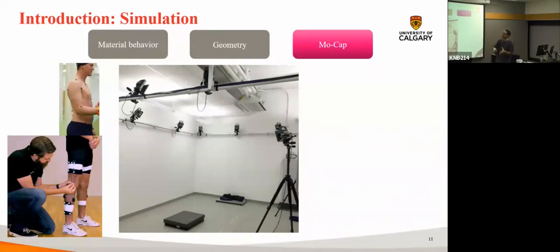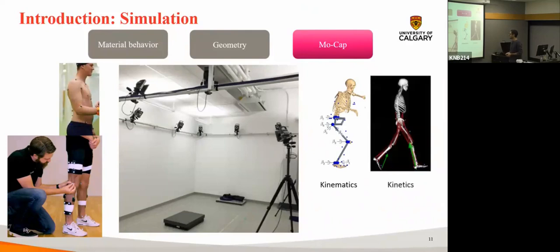So if you have the location of each marker in the space, then with time you can calculate velocity, you can calculate acceleration. So we call this kinematics, joint angles. And there is also a plate that measures the forces.